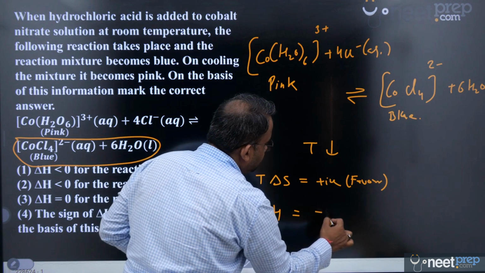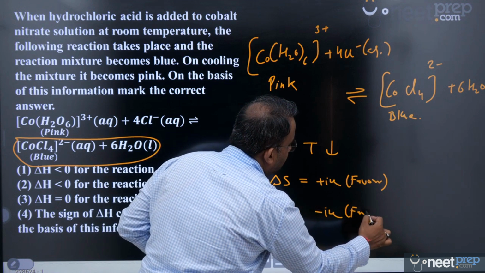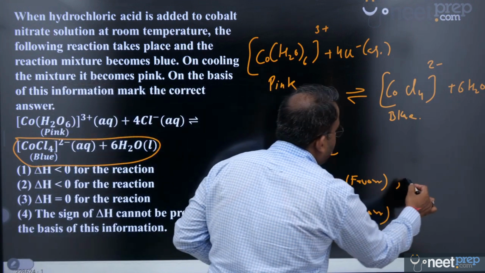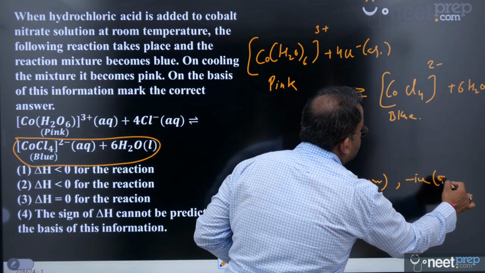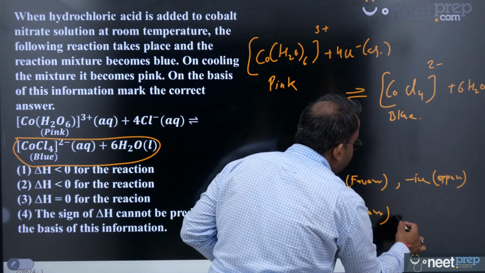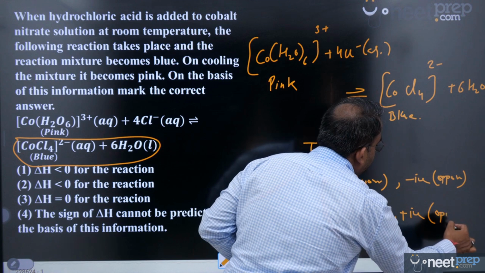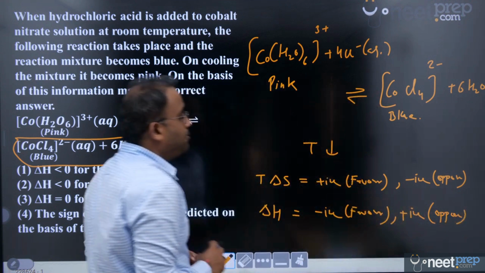If delta H value is negative, it will favor the forward process. If its value is negative, it will oppose the forward process. Mind my words, I'm saying forward. And if it is positive, it will oppose the forward process.